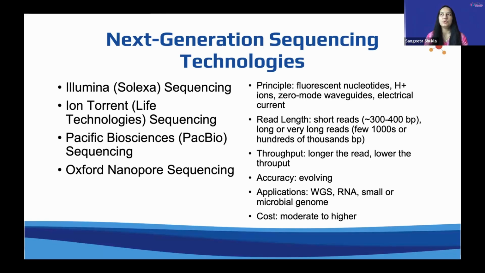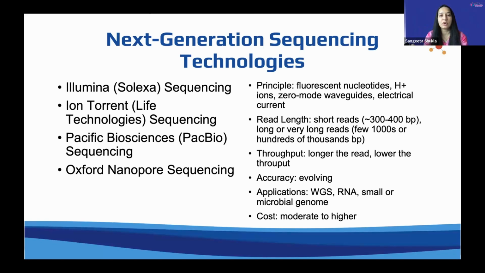Or they can also use waveguides that look into what kind of electromagnetic wave each of those nucleotides may emit, and also sometimes an electrical current to ping into the nucleotide that they're trying to sequence.